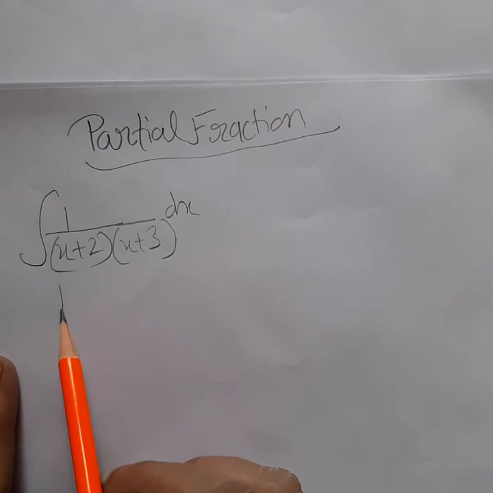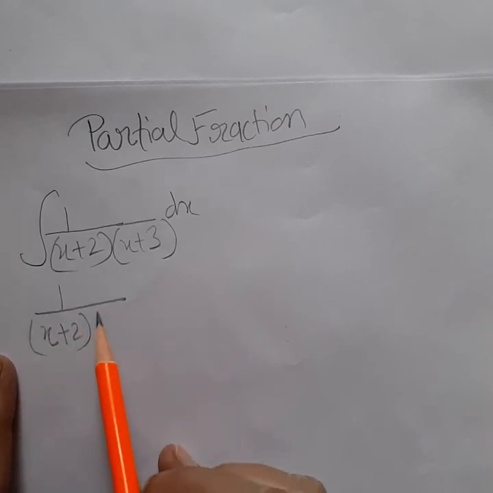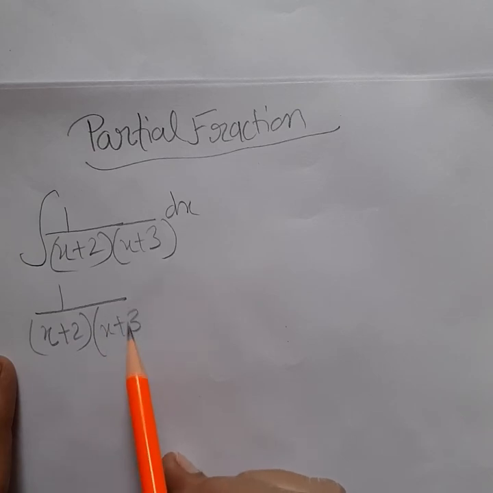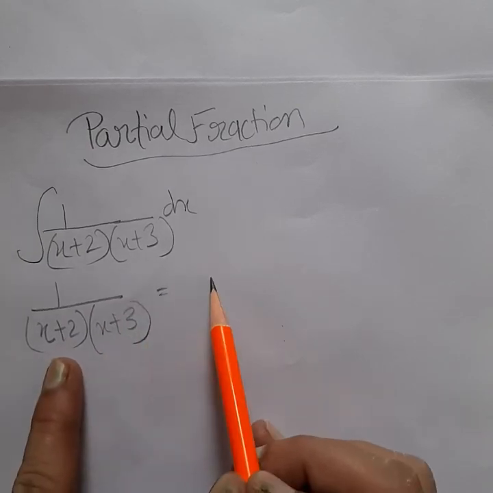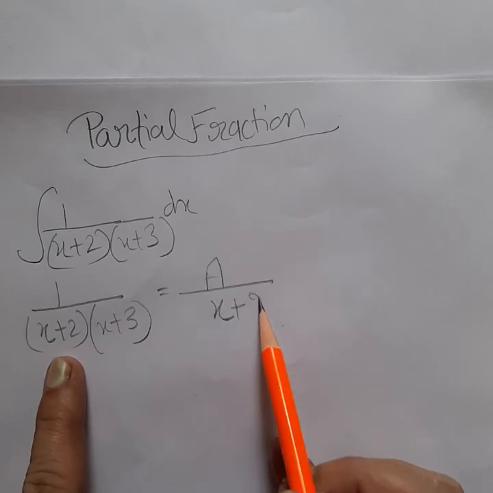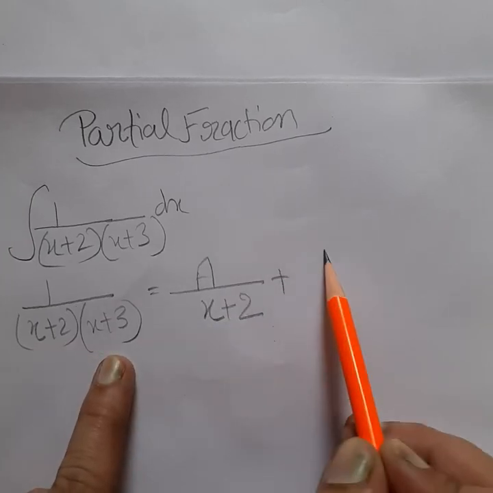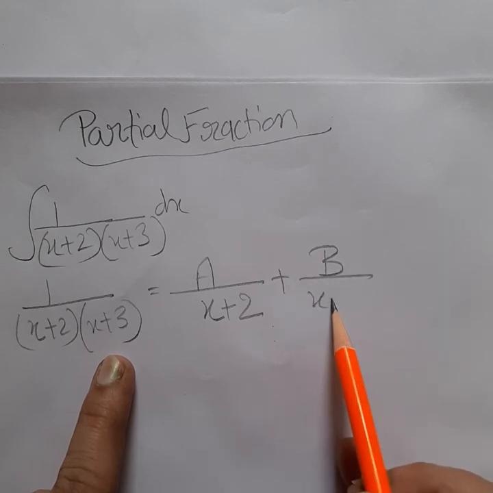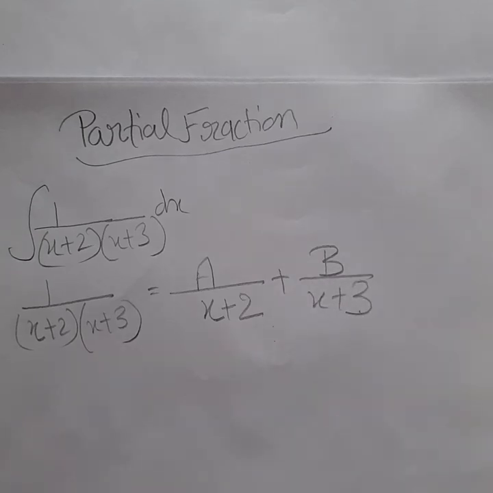To start, first of all we write this function without the integration sign, and we write it in this form: a over x plus 2 plus b over x plus 3.